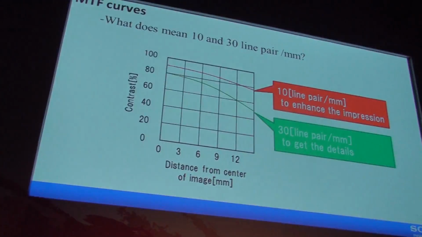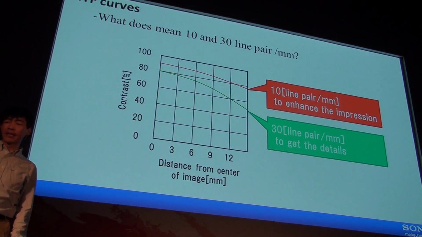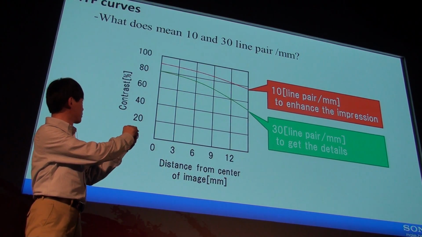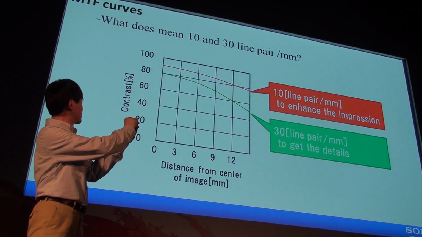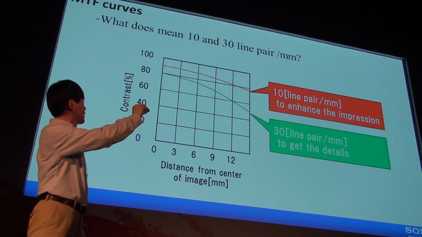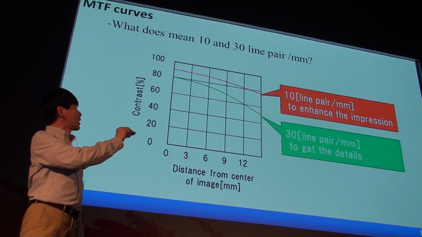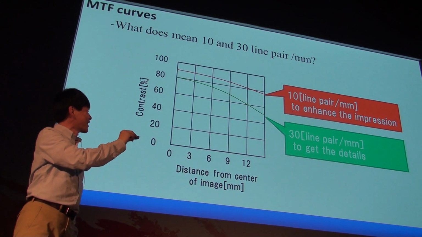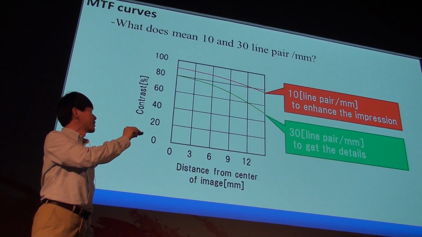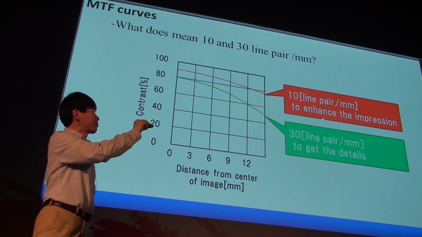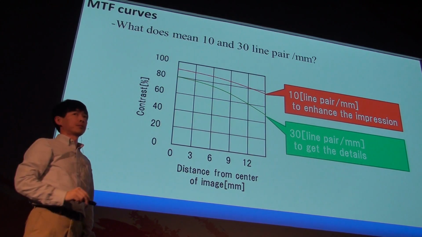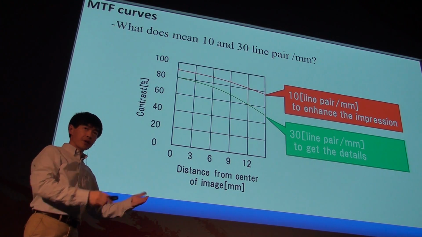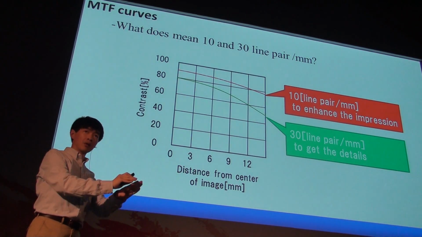Okay. Next, what do 10 and 30 line pairs per millimeter mean? The red line shows 10 lines per millimeter. 10 lines per millimeter shows the enhanced impression. So, at first you can see the total of the image.